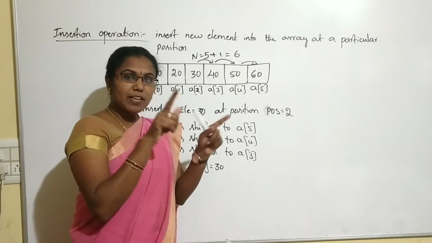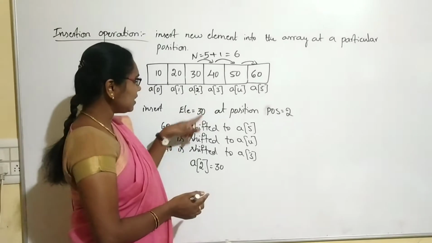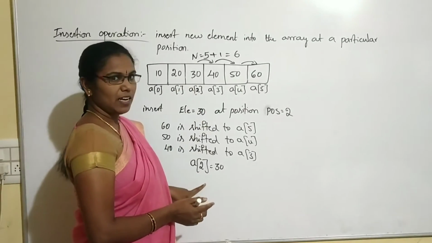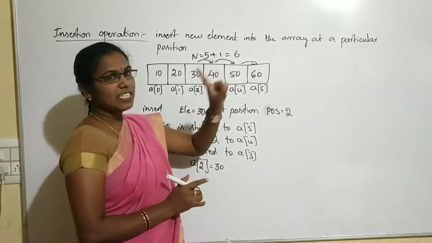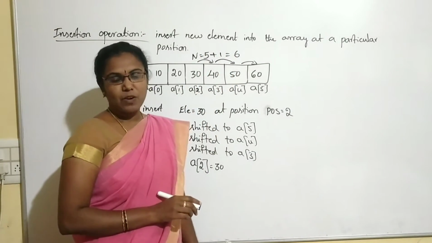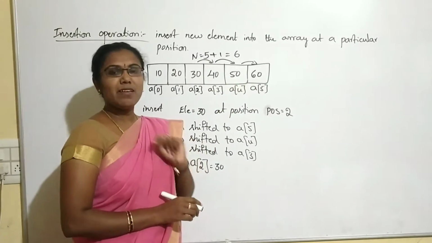Once that particular position becomes blank or vacant, we insert the element at that position. After inserting the element, the array size is increased by 1 unit. Only one element is inserted, that's why the array size is increased by 1 unit.